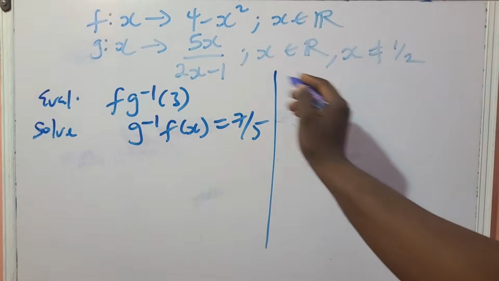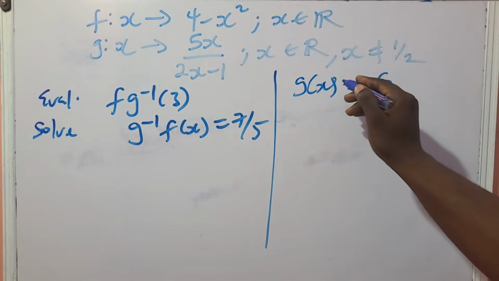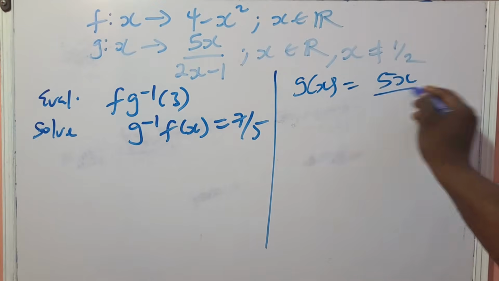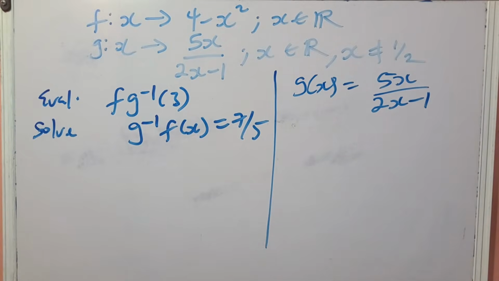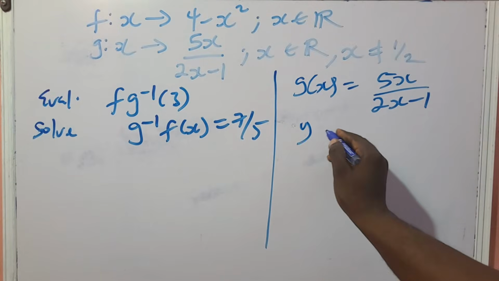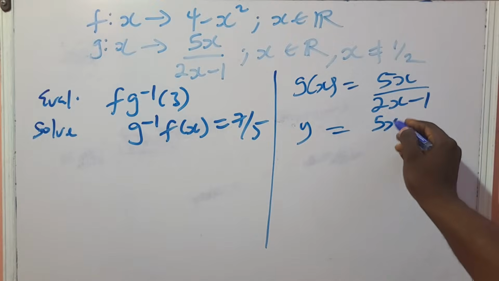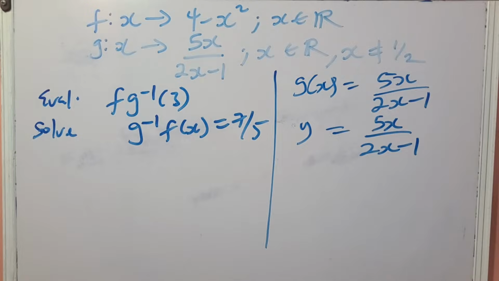Your g function was given as 5x over 2x minus 1. Don't forget, the first thing you want to do is to make this y, a linear function. I'm giving you the steps to follow when trying to find the inverse of any function.